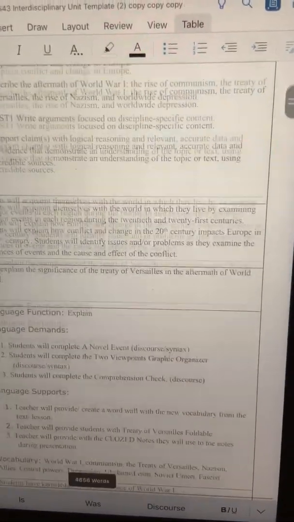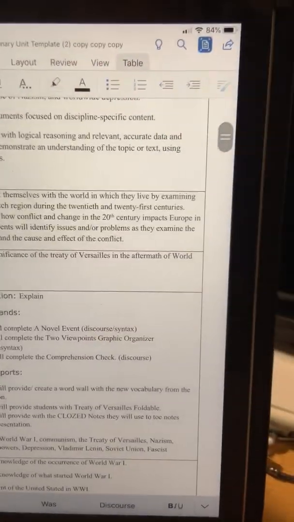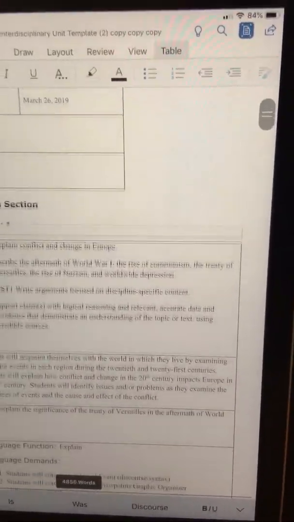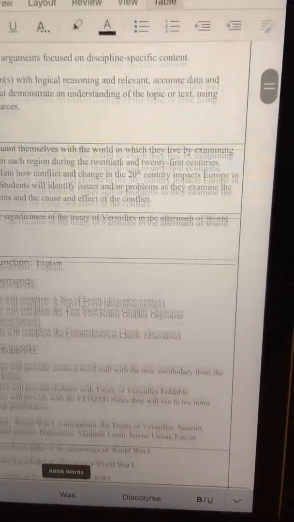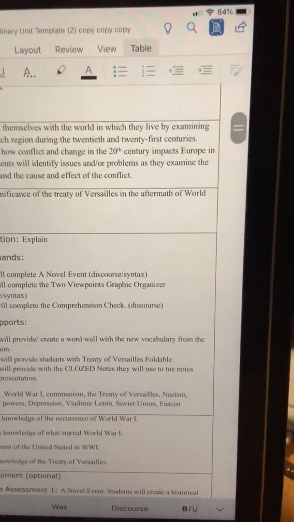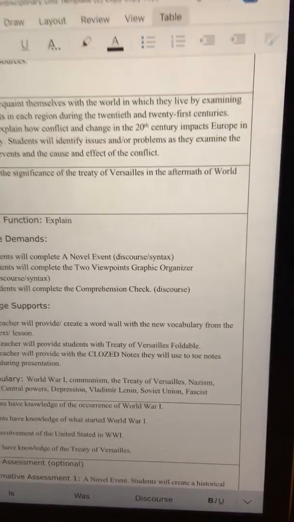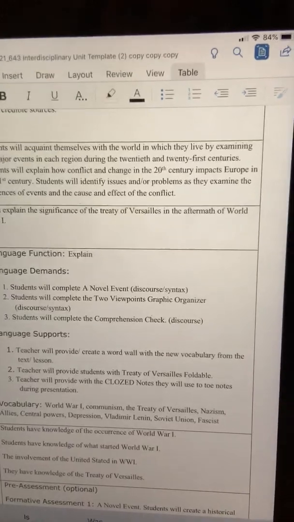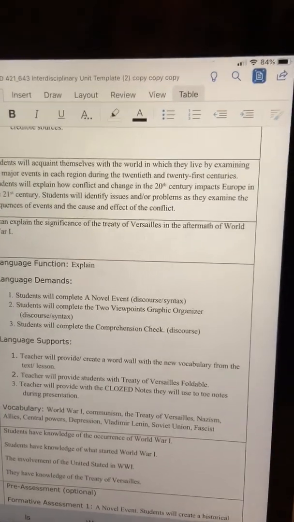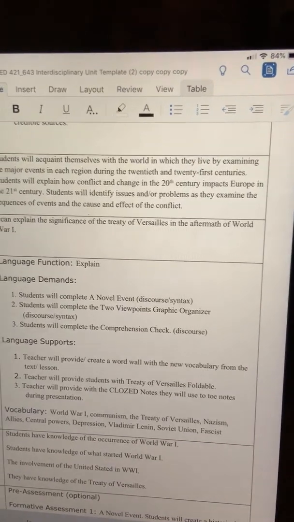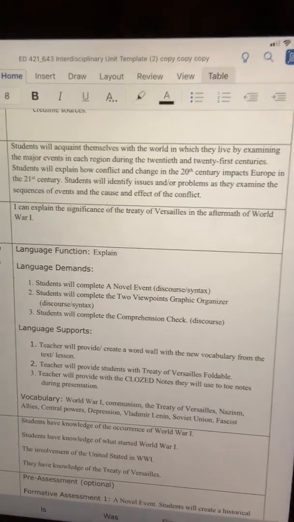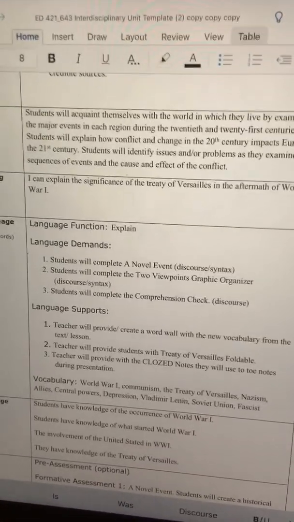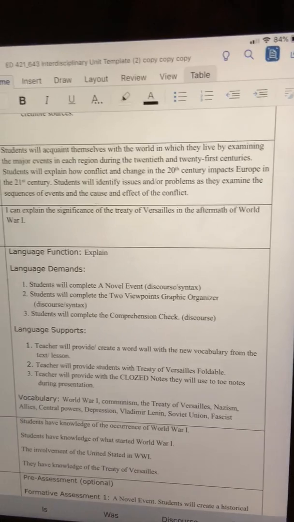So my central focus revolves around the title of this unit: students will familiarize themselves with the world in which they live by examining the major events in each region during the 20th and 21st century. Students are going to see how conflict and change in the 20th century impacted Europe in the 21st century, and students will identify issues and problems.